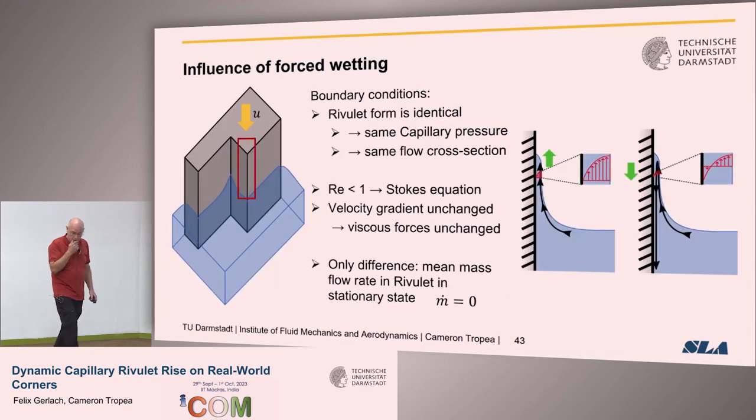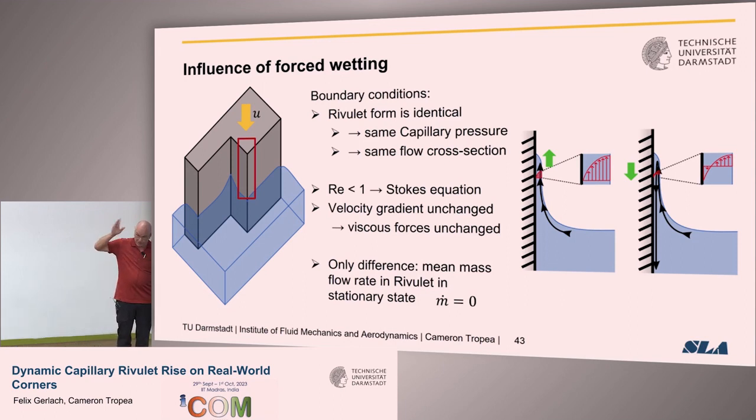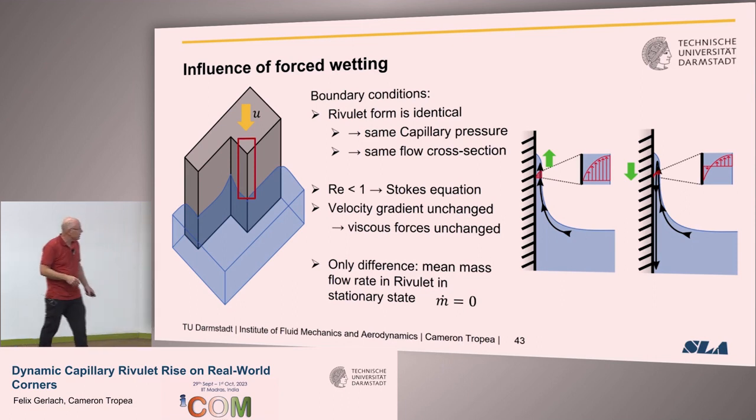Now let's look at the final part. That was the spontaneous finite rivulet rise; now we look at the forced finite rivulet rise. So now we have a fluid, the specimen, and the walls are going down.